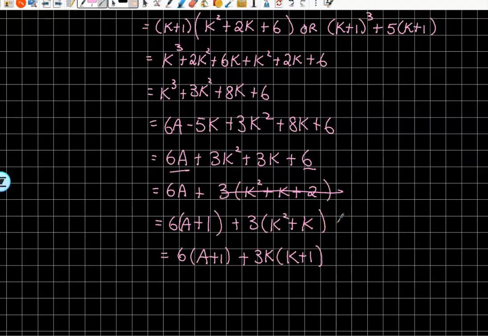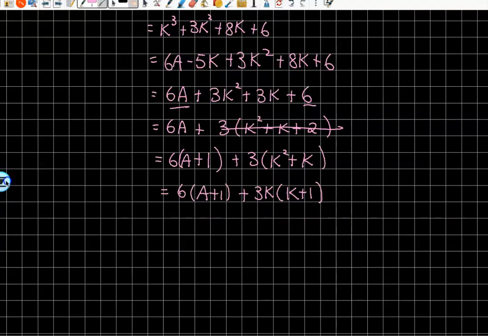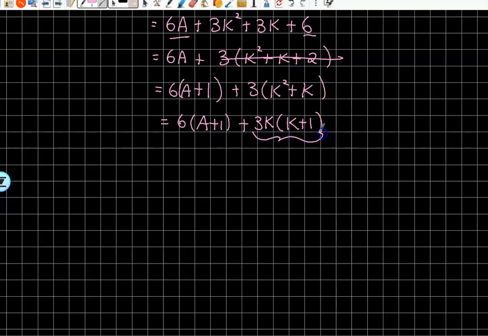Now, what I can say is this is divisible by 6. Anyone know why? Because, look at this. This is k, and then k plus 1. So it's a number, and then the very next number.